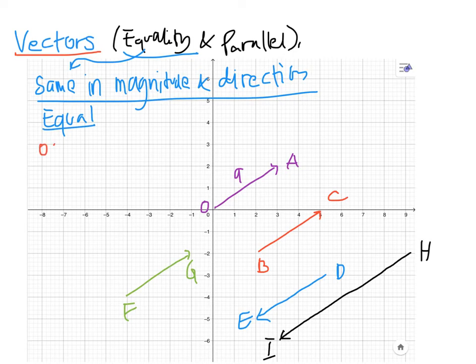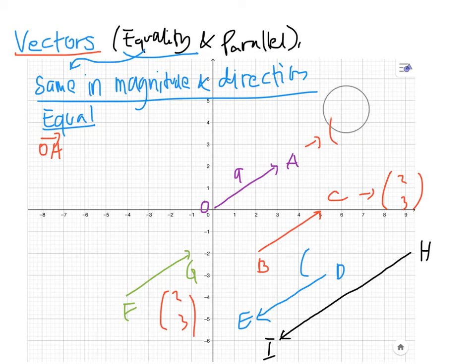So vector OA, we can see the direction is 2, 3. So we should find another vector that's also exactly 2, 3. Let's see. There's also 2, 3. This blue one, this is negative.